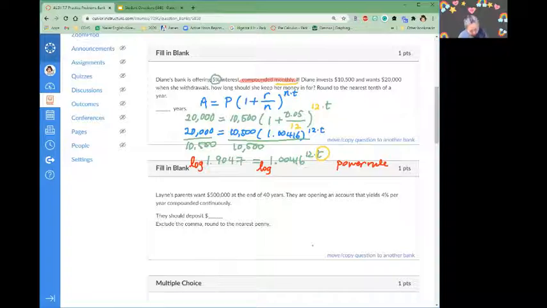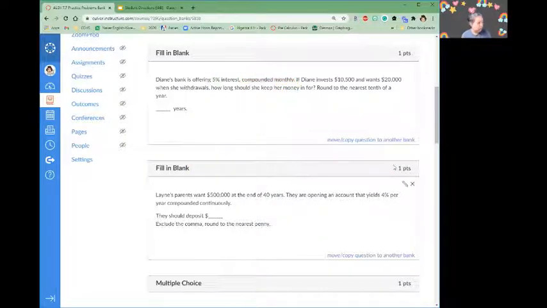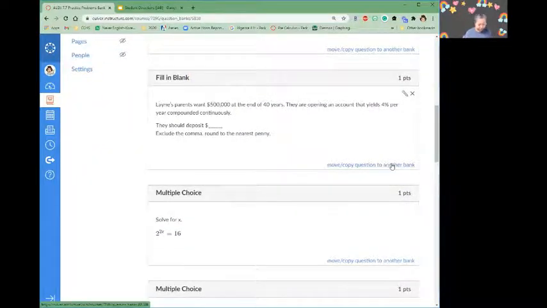The one right below is a very similar problem. So let's take a look at this.